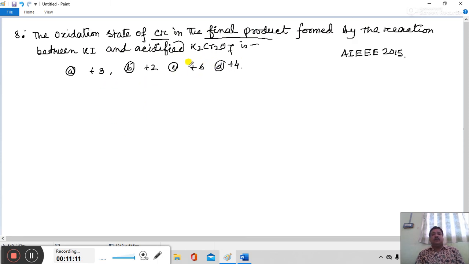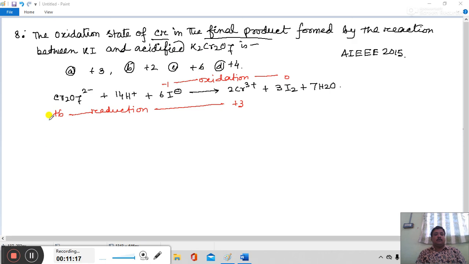We know when KI reacts with acidified potassium dichromate, the following reaction occurs: the dichromate anion reacts with iodide in the presence of H+ ions to form chromic cation, Cr3+, whose oxidation number is +3, so the oxidation number of chromium changes from +6 to +3. The correct answer is +3, the oxidation number of chromium in the product. So in this MCQ, option A is the right one.